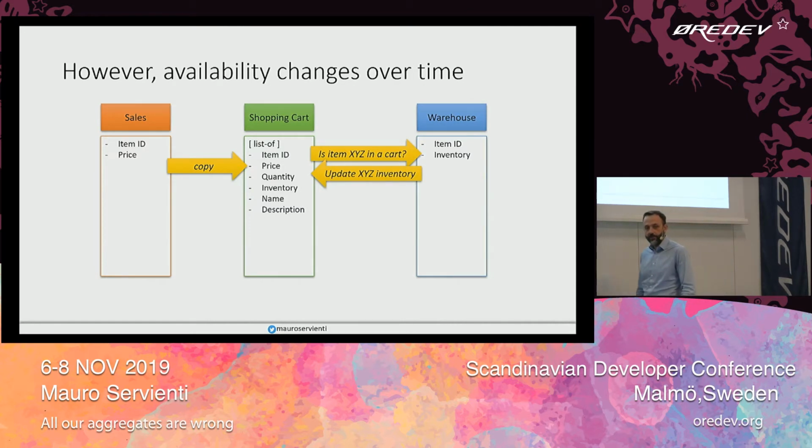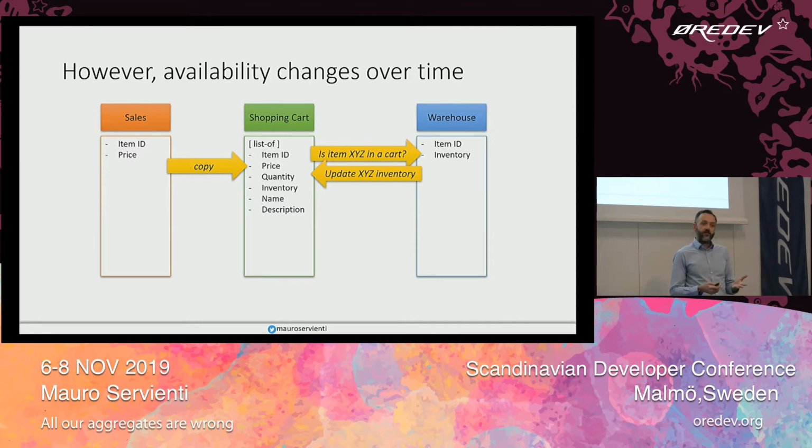So now we're left with a situation in which every single time warehouse detects a change in the availability of an item, it should go to the shopping cart and say, hey, do you have this item in one of the shopping carts you are currently handling?